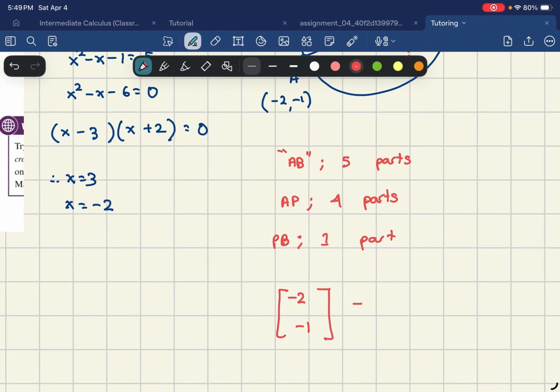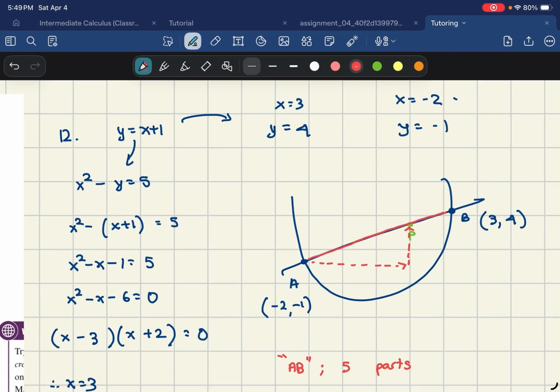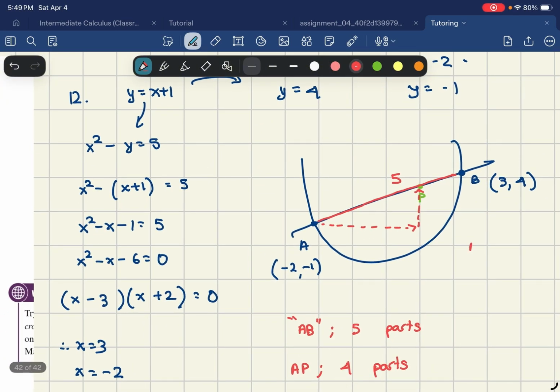And you are going 4/5 of AB, right? So if AB is the whole 5 units, then AP is 4 out of those 5 units, because we know that AP is 4, PB is 1 unit. So the ratio of AP to the total length of AB is 4/5.